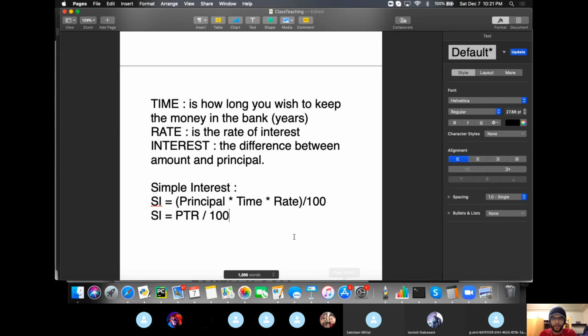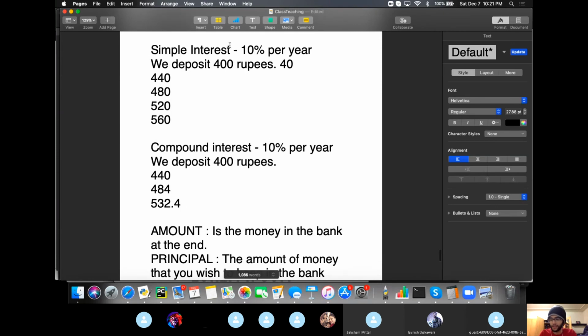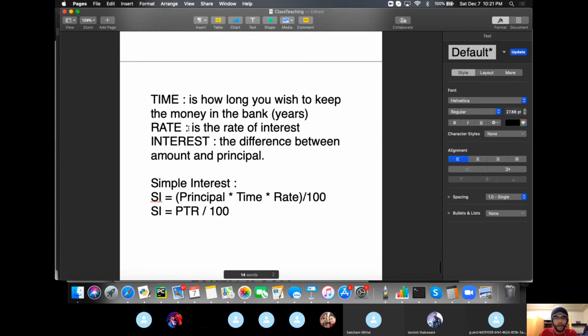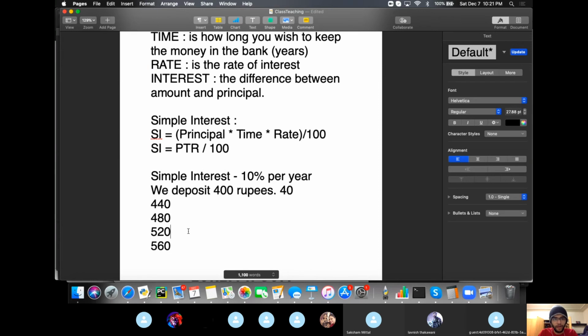So let us do a simple example. In fact, let us just use the same example, because you guys actually saw what was happening, right? We are adding 40 rupees every year. So it's easy to understand this logic. So we will apply this formula over here, and we will see whether this formula actually works. So I will get rid of these.